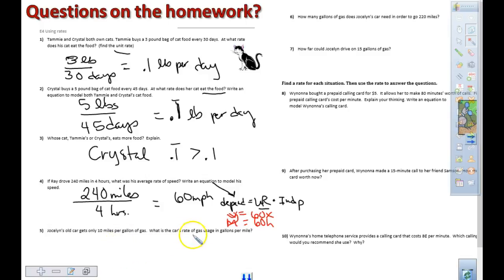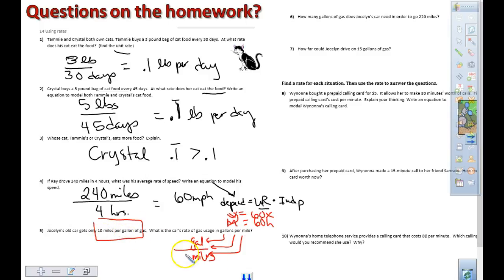Brooke, what'd you do for number 5? It asks us to find gallons per mile. What did your answer look like? 0.1. Because if you look at that, this tells us 10 miles per gallon of gas. And if you're putting gallons, you need to put the word gallons here, and you need to put the word miles here.